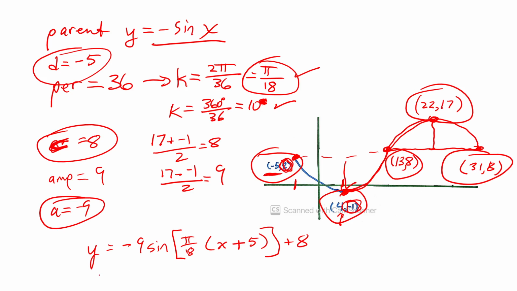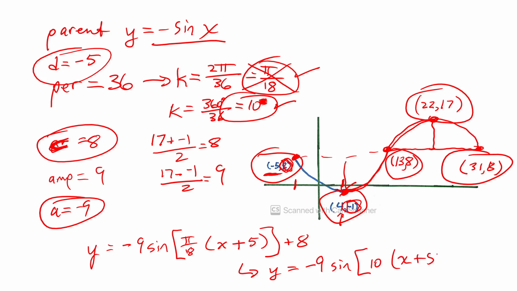If we want to put it in degrees, which is sometimes convenient in certain word problem questions, instead of pi over 18 we'll use this value of 10, and say y equals -9 sine of 10 times (x plus 5), plus 8.